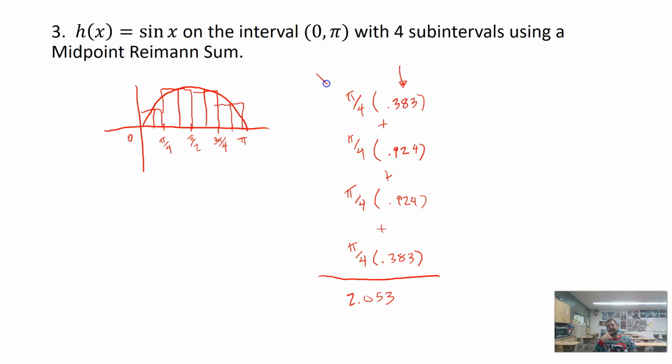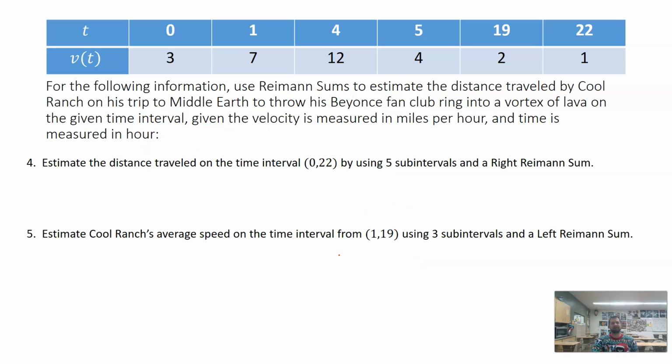Notice as well that all of the rectangles have a base of pi fourths. If you put pi divided by 4 into your calculator, it's 0.785, excuse me. 0.785 is pi fourths. If you wanted to use 0.785 each time and then add that much more, that'd be fine. I believe this one's a little bit more difficult than one I would put on the test itself, but hopefully that kind of makes sense where we got that one.